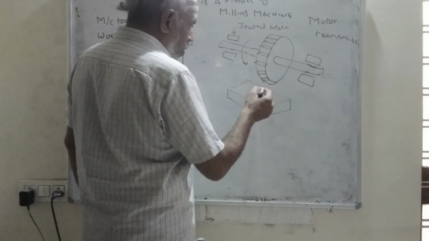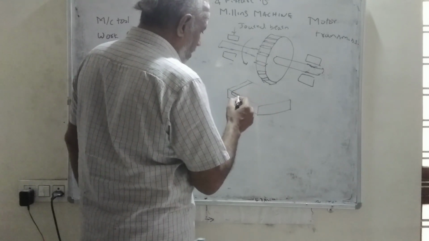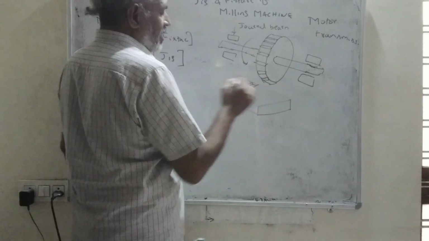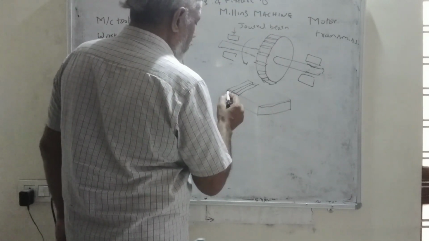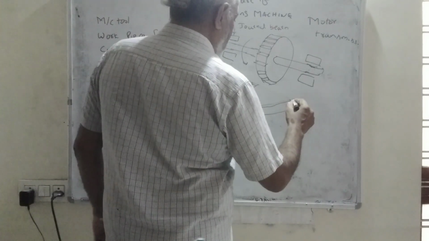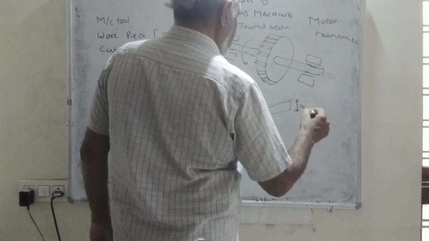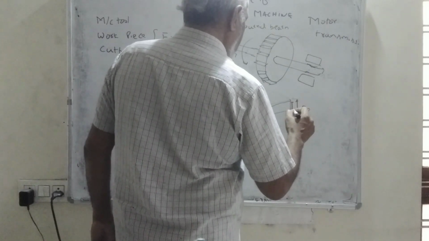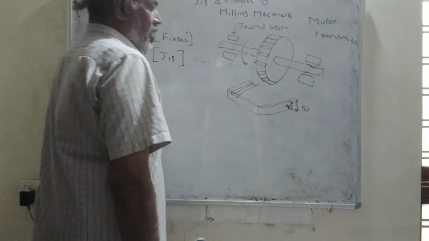So you can make a slot in this rectangular plate, or you can remove material from the complete plain surface to reduce the thickness, say from 50 mm to 48 mm.